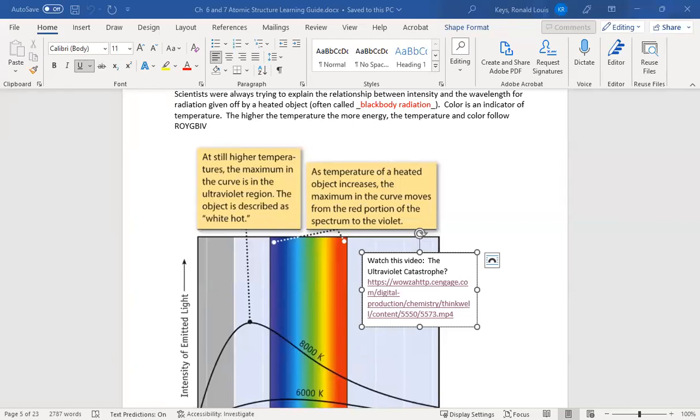Now, notice what else happens. You reach a peak. This peak corresponds to the greatest intensity at a particular temperature. Just to clarify, this curve is only for one temperature.